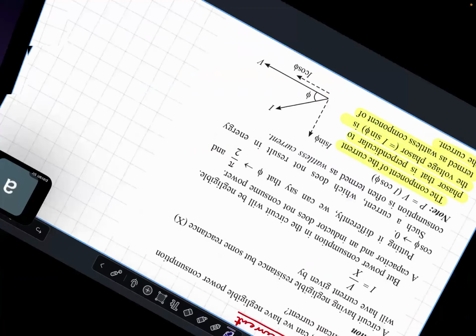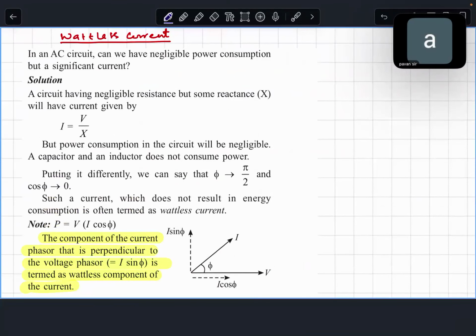Even though I have just introduced it, I want to give it much more briefly. In an AC circuit, can we have negligible power consumption but a significant current? That's the question, which is not practically possible in a DC circuit. And that is the reason why I told you n number of times that power lines are sent with high voltages, not high currents.